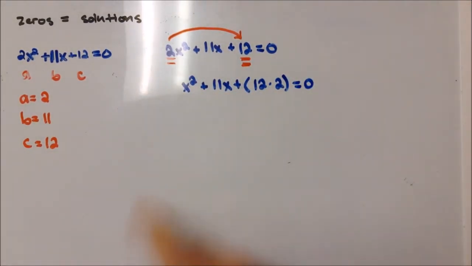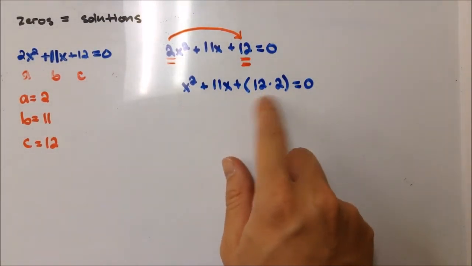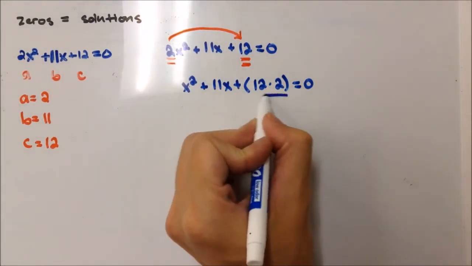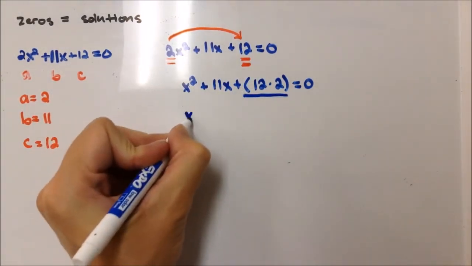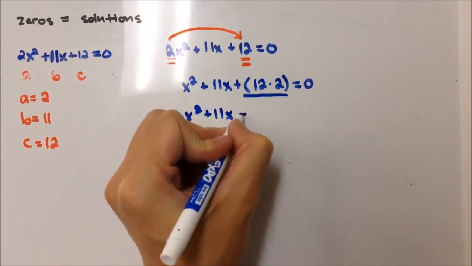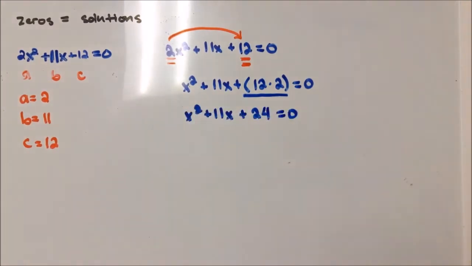Alright, x squared is by itself. Now we're going to multiply these two terms right here, 12 and 2. So I'm going to underline it here. So x squared plus 11x plus 24 equals 0.